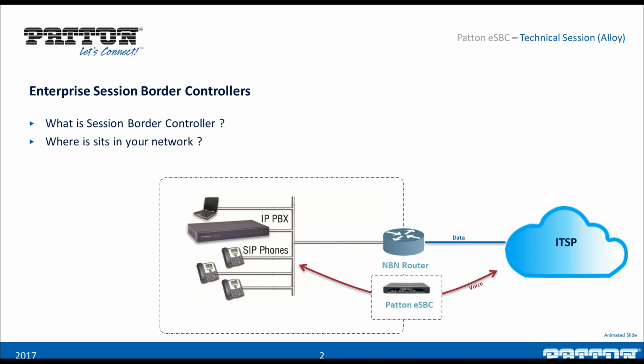Now the next question is where it sits in your network. This session border controller can sit next to your NBN router. If we talk about NBN infrastructure, it might not be exactly an NBN router. There would be an NTU or some device which would be terminating the fiber interface.